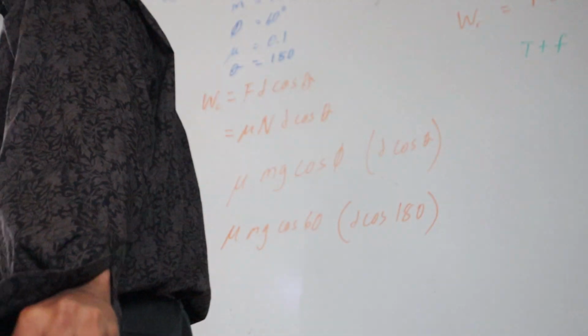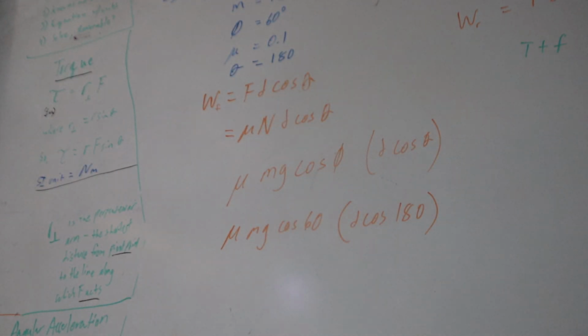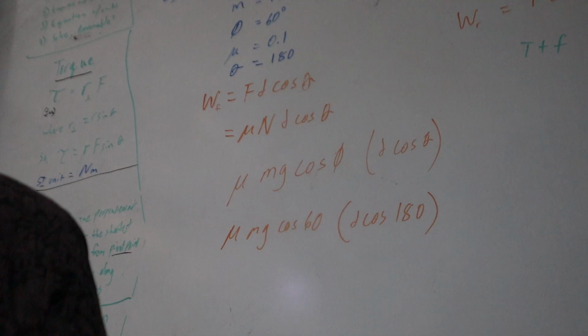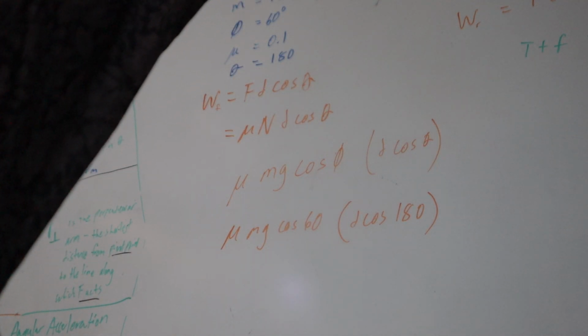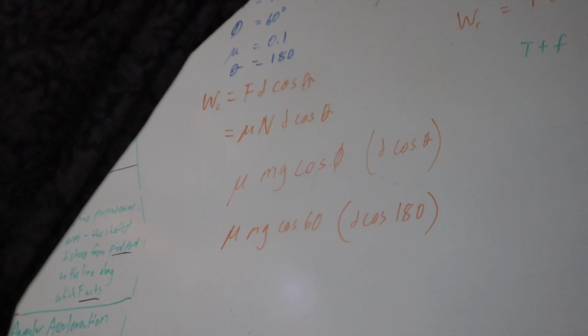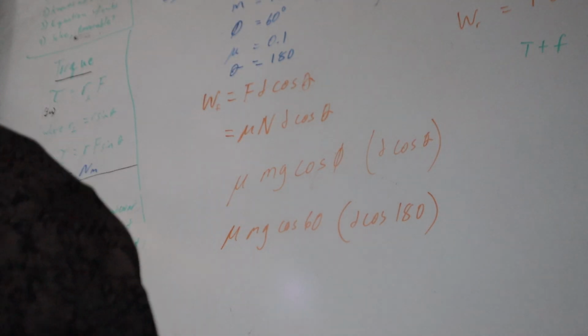So this is probably the more difficult part of that one. The tension plus the force of friction equals the mg sine of phi. So this is the y direction of the phi angle.